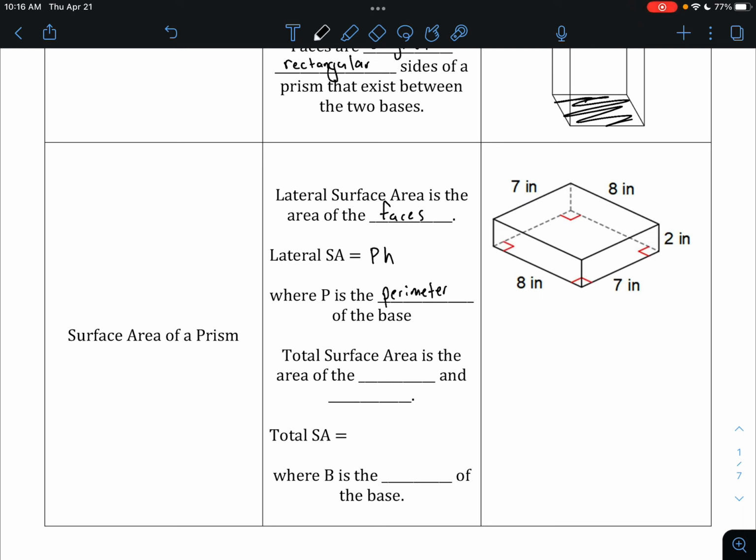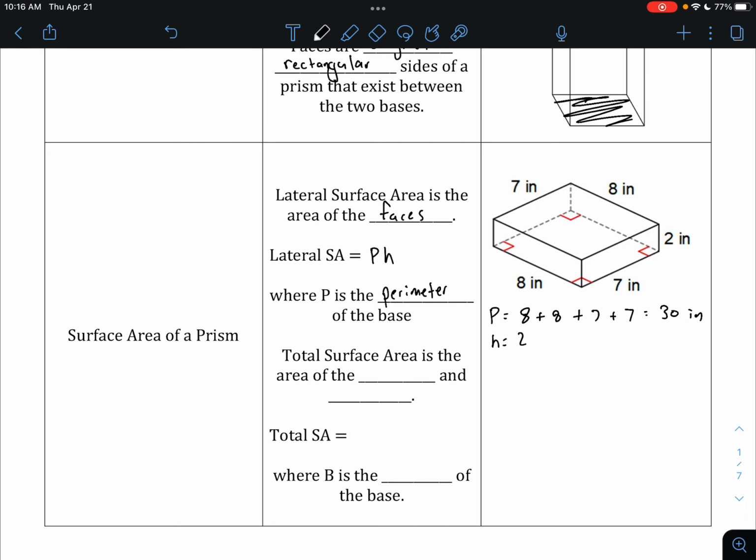So let's go ahead and try finding the lateral surface area of this prism. So the first thing I need is my perimeter, which, if you know how to find perimeter of a rectangle, you have 2 of the length and 2 of the width. So 8 plus 8 plus 7 plus 7, which gives us 30 inches. That's our perimeter. And I said earlier that the height is 2.